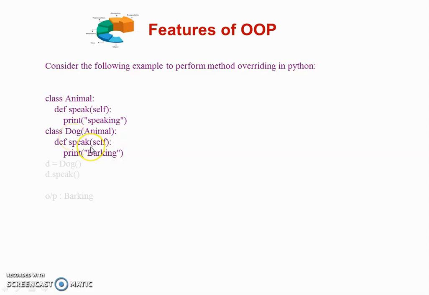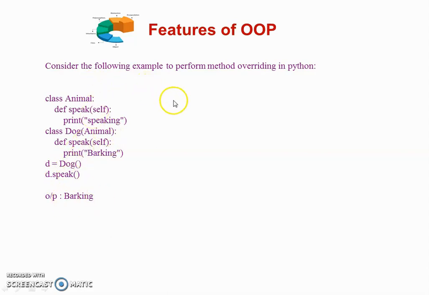The speak method of the Dog class contains the message barking, whereas the speak method of the Animal class contains the message speaking. When I create the object of class Dog, d = Dog(), and access the member method as d.speak(), it will always call its own method, barking. So the output of this program will always print barking.